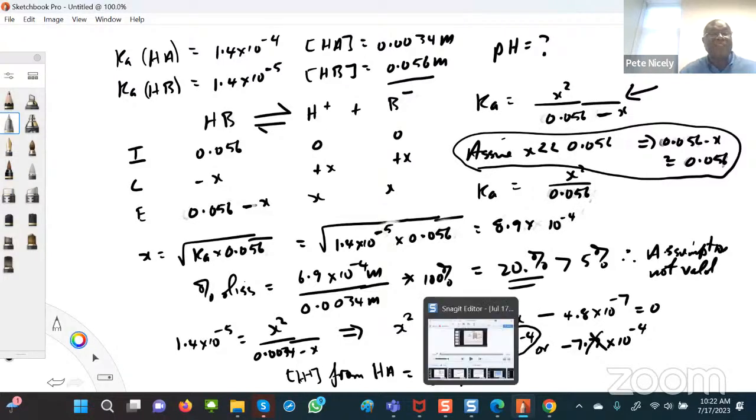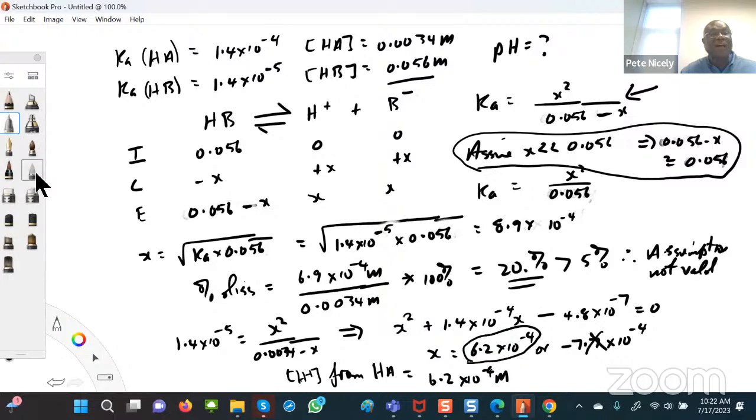Again, we need to find the percent dissociation. So let me erase pretty much all of this. To calculate the percent dissociation, that would be equal to 8.9 times 10 to the minus 4 divided by the initial concentration, which for the second acid is 0.056, times 100%.